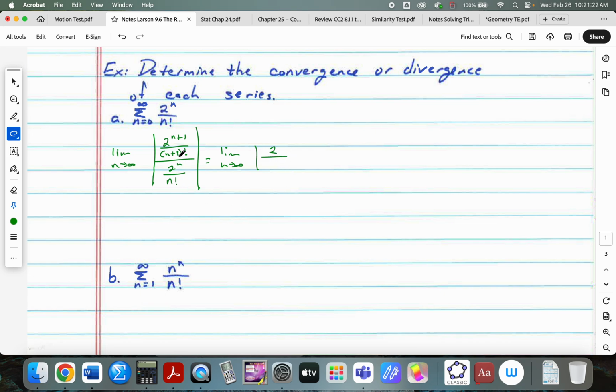Over n plus 1 factorial is n plus 1 times n factorial, right? When we divide that by n factorial, we end up with n plus 1. As n goes to infinity, that goes to 0, which is less than 1.